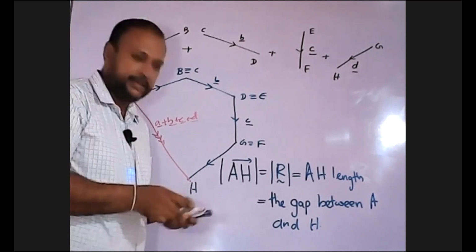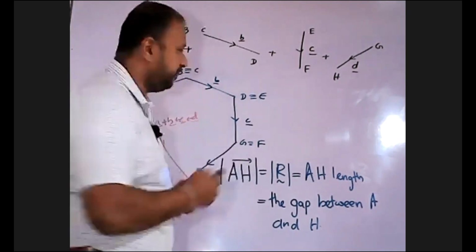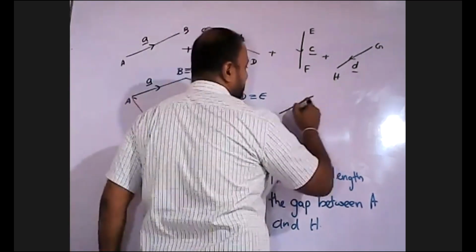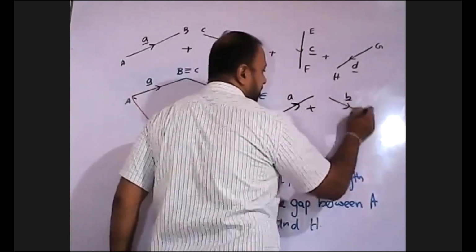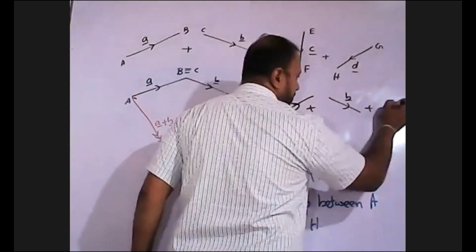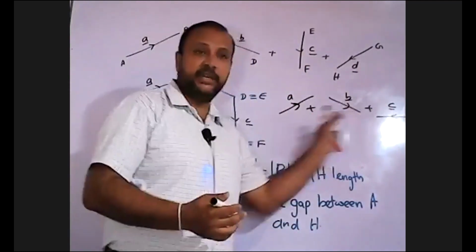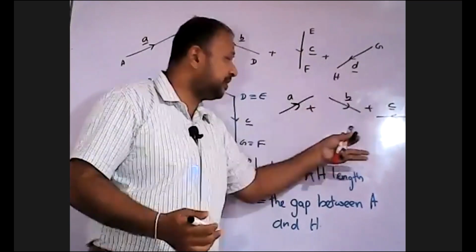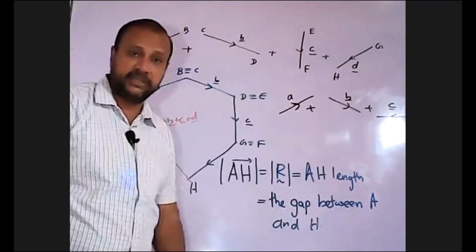Okay. Suppose as an example, we take three forces. One is this one, one is this one, the other one is this. Suppose the resultant force of these three forces is 0.